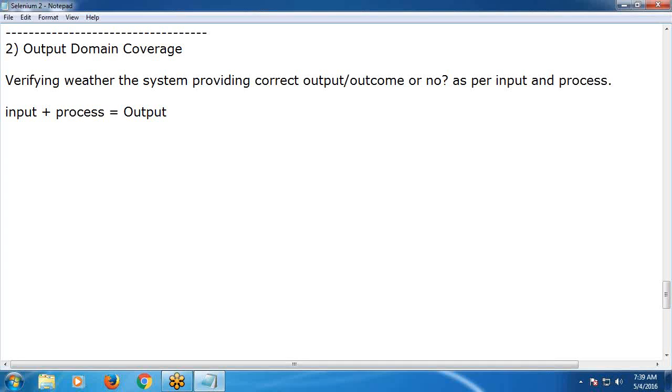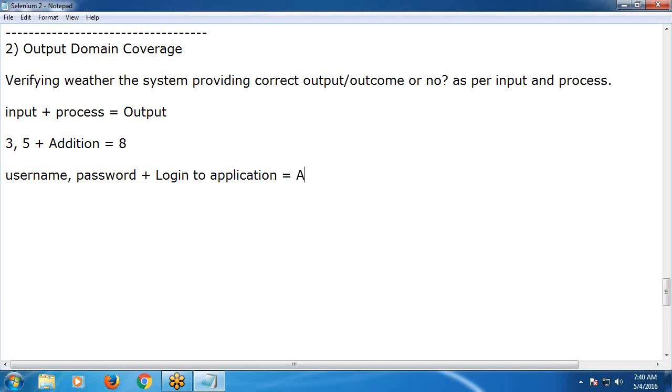For example, input 3, 5. Here the process, suppose addition operation, addition, output 8. This is output. These are mathematical values. In another scenario, suppose input username, password. Next the process is log into the application.